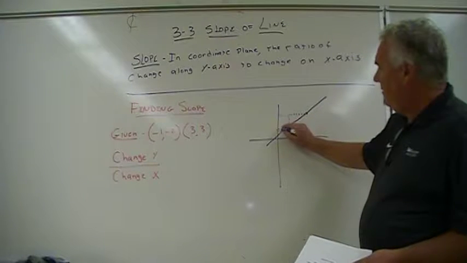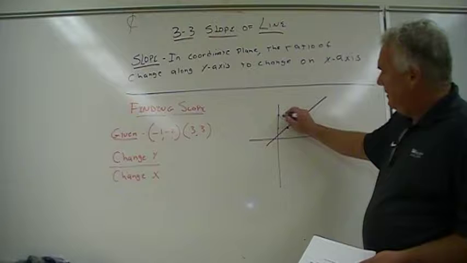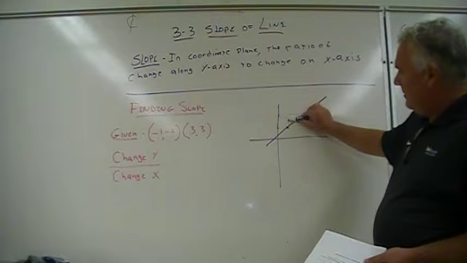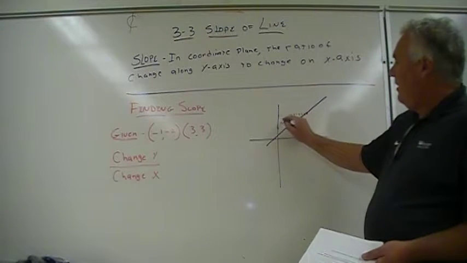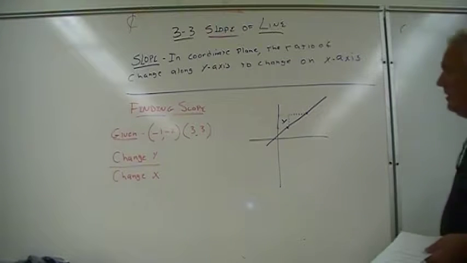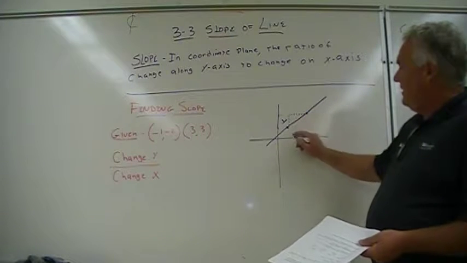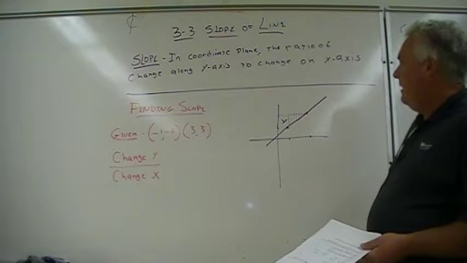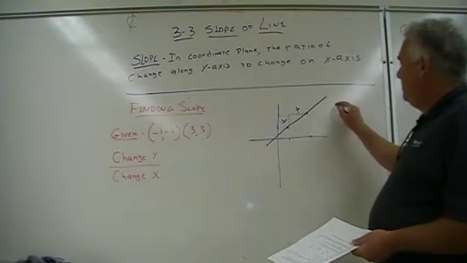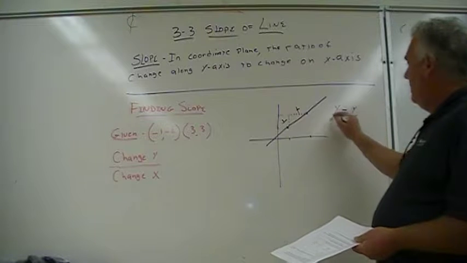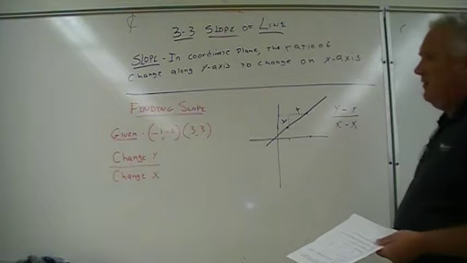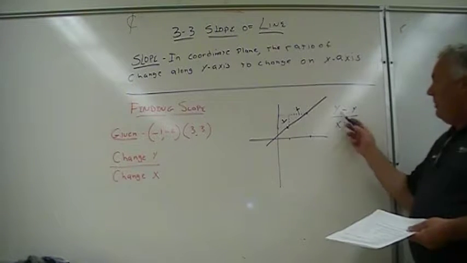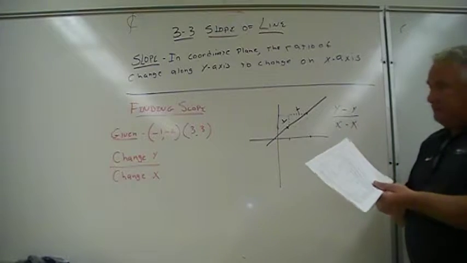It goes from this point to this point up, so whatever that y is, and then the change in the x-axis, it goes from here to here, and there's our x. So it's the change in y over the change in x. Y minus y over x minus x.